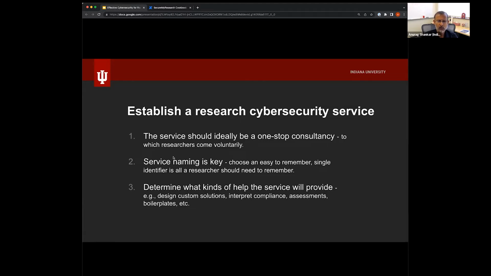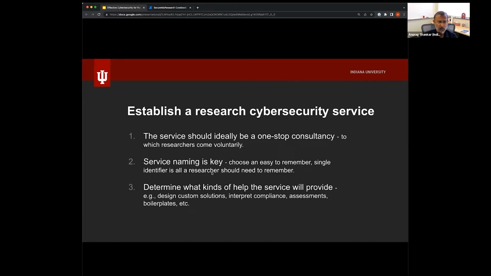Not that we tried to do this, but having done this for a long time, I've seen that many times. And even with Secure My Research, sometimes researchers had the perception that we were coming in as the security office, and that was problematic. So the service is best provided out of someplace other than that. And that's why I said a front end could be a researcher. That would be very useful.